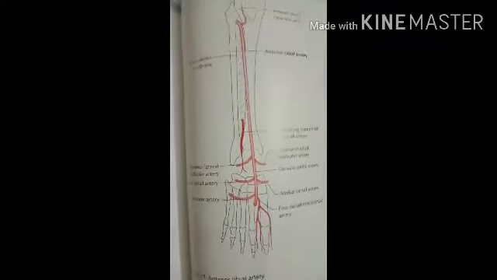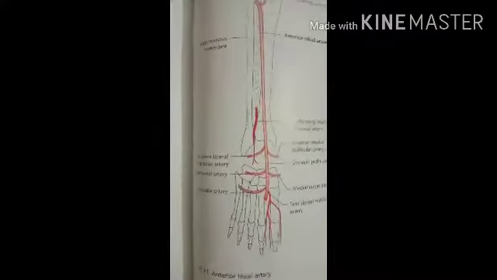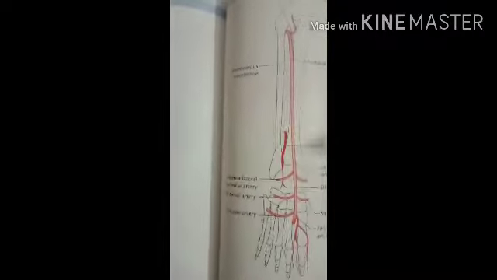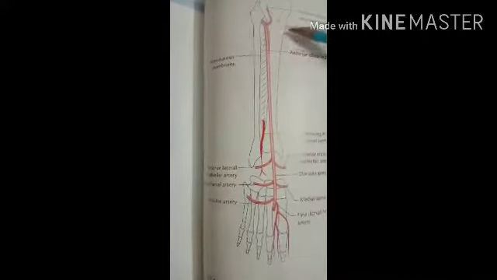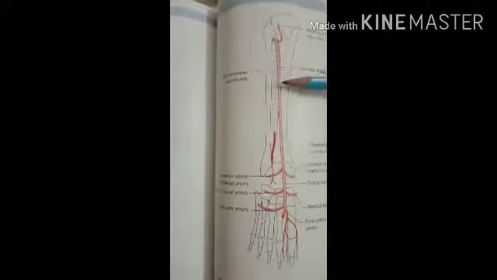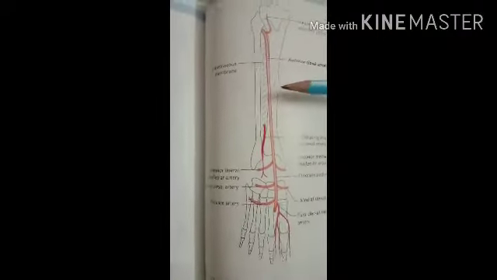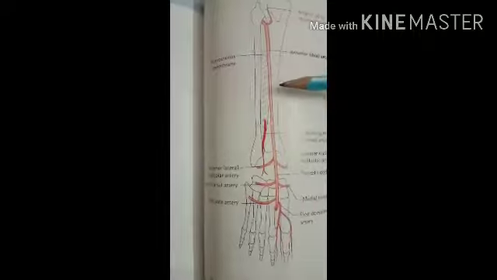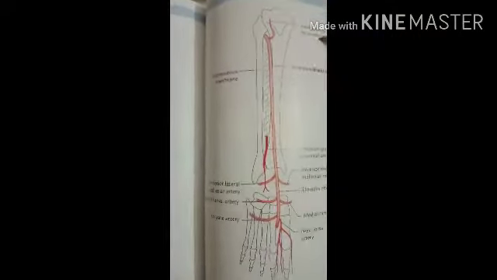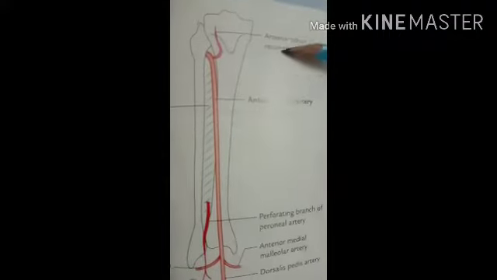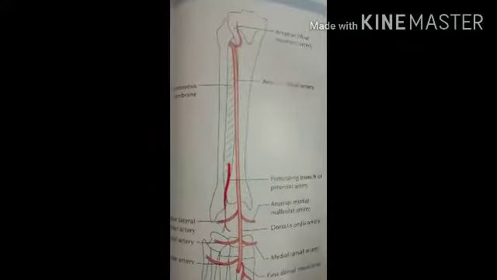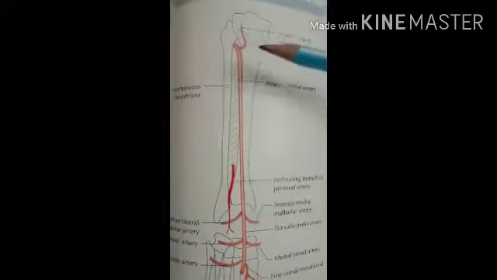Then we have to see the branches of the anterior tibial artery. The first are the muscular branches, which supply the muscles of the anterior compartment of the leg. The second are the anterior and posterior tibial recurrent branches. Here you can see the anterior tibial recurrent artery, and likewise the posterior tibial recurrent artery.